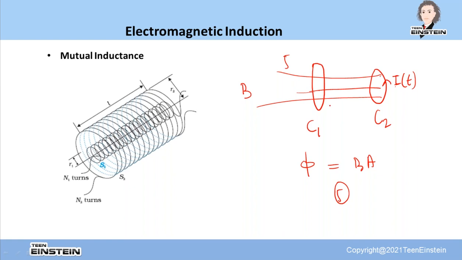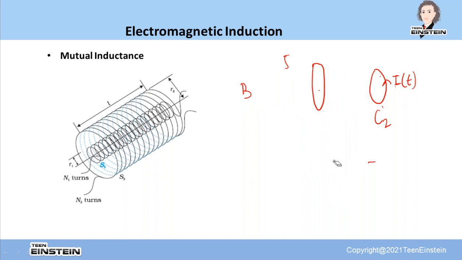This is called flux linked. It may create many magnetic field lines, so not all may go through this coil. So when I say that the change in the flux here in C2 will produce a change in the flux in C1, I mean the flux which is linked in this C1 coil.